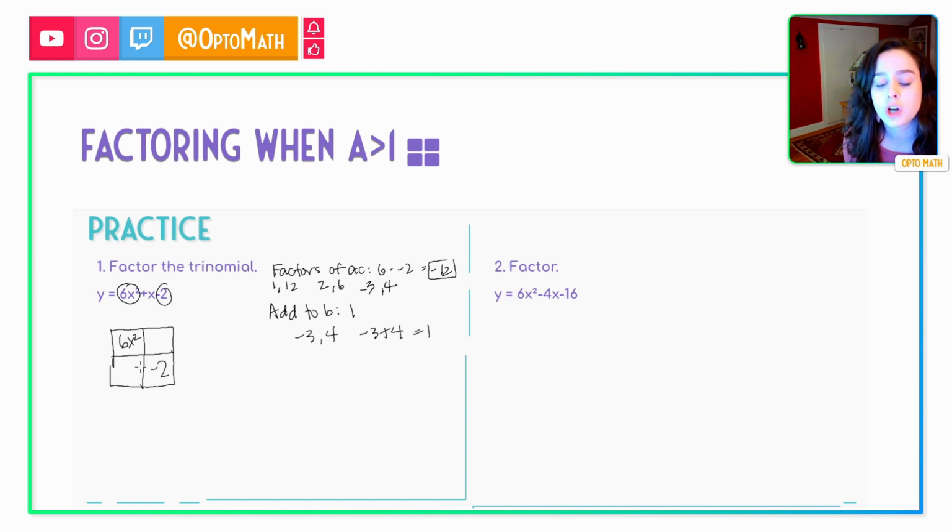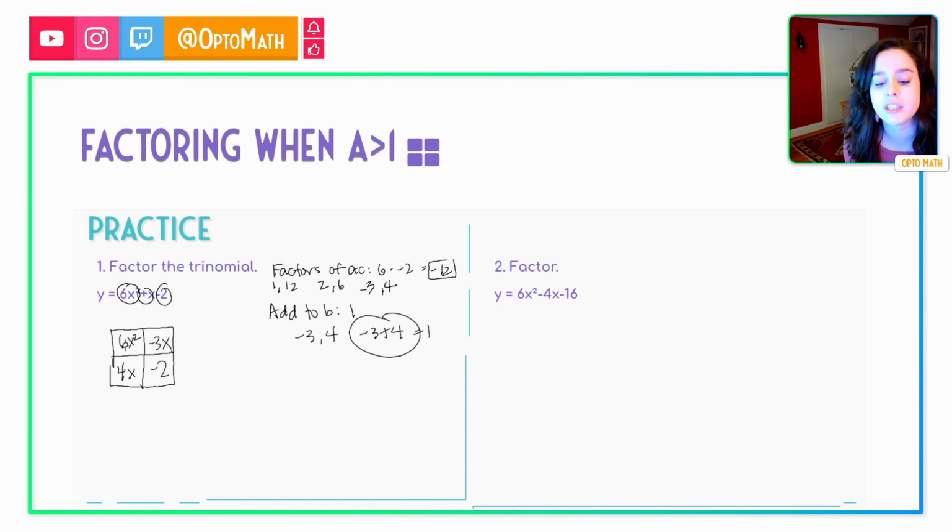And our two other terms are using what we just found. So we've got our negative 3x, because we're trying to replace this b term. And then we've got our positive 4x. So if we added these together to get our trinomial, our negative 3x plus the 4x would give us x, which goes to our existing b term, and that's what we want to see there.